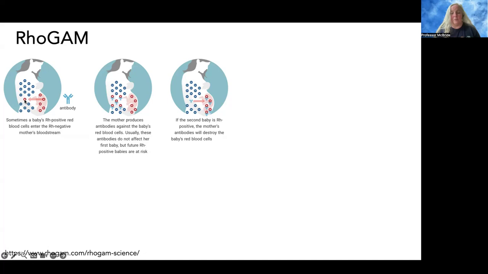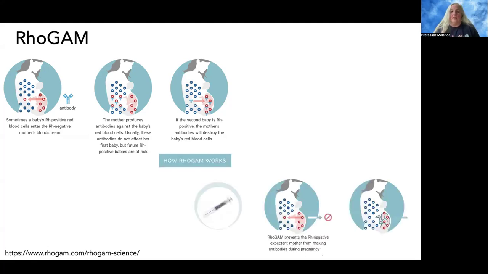If the positive blood type is seen by mom's body, these antibodies can build up in her body and then attack the baby. Most often, as stated, this is going to affect a future pregnancy. So what we'll do is give RhoGAM. RhoGAM is going to prevent that immune response from happening.